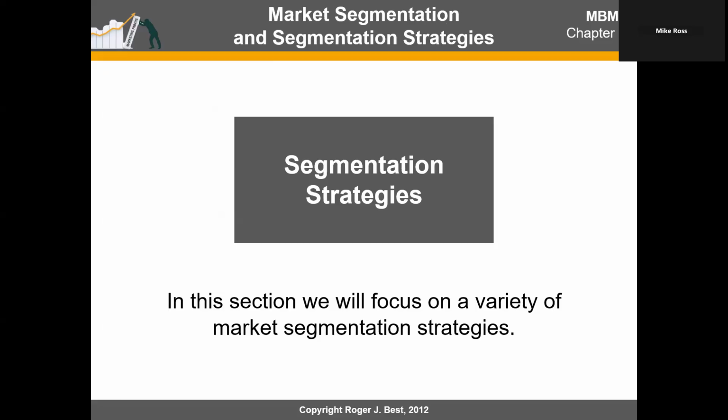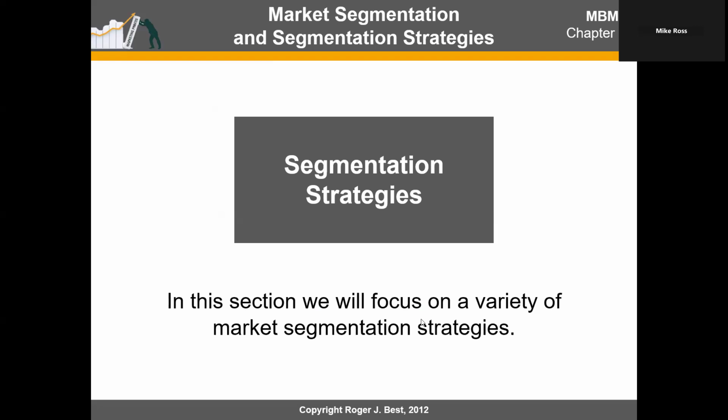Now, as I mentioned before, we said demographics versus usage versus another consumer segmentation attribute category. We can say 5 times 5, or excuse me, 5 times 3 is 15.